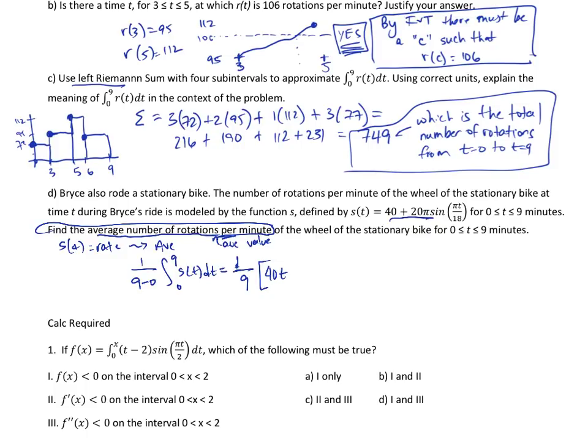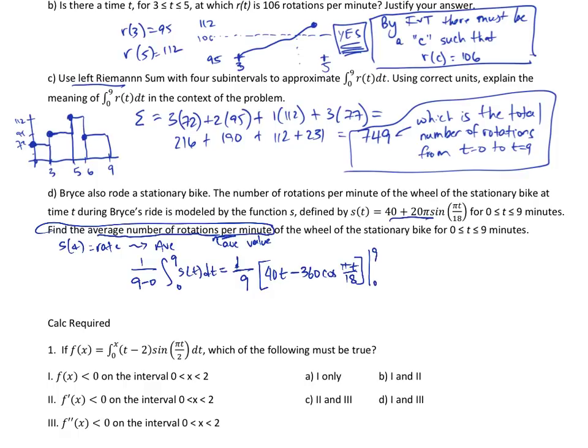Kind of messing around with this a little bit, you could do it through guess and check, or you could do it through substitution. I ended up with 360 cosine of pi t over 18 on the bounds from 0 to 9.